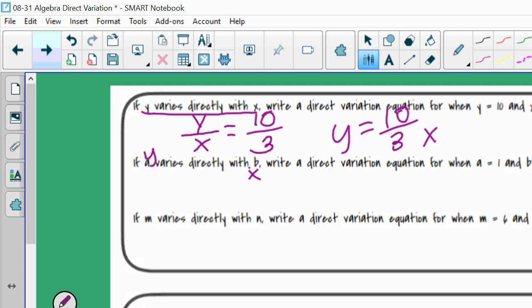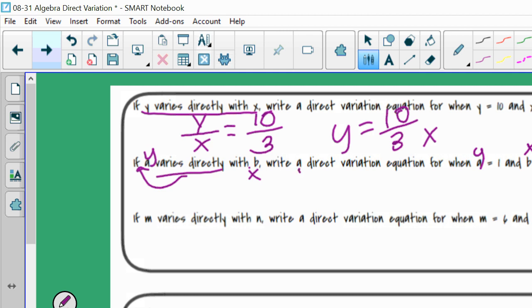I have honestly never seen it where they give you A and B or something like that. If Y varies directly with X, they always say Y first. Whatever comes first, whatever is varying directly, is your Y value. Write a direct variation equation for when A, which is my Y, equals 1 and B equals 7.